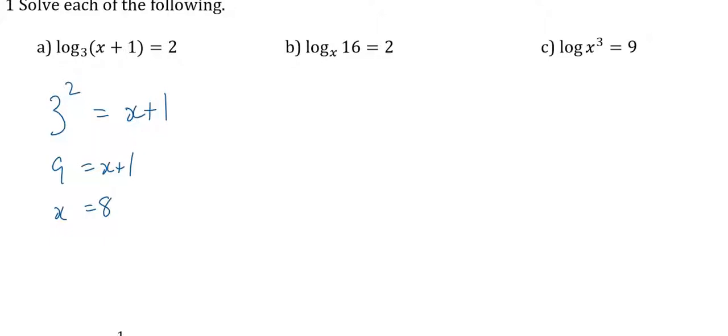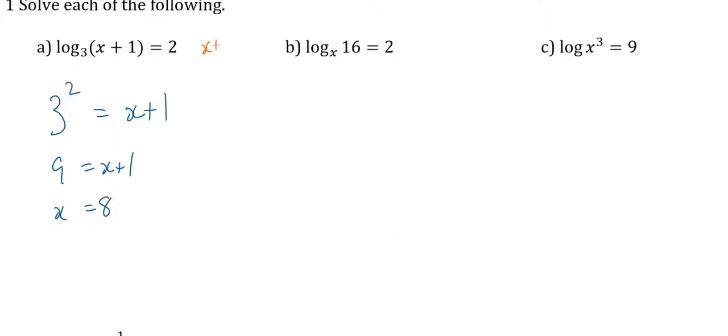But remember our restrictions. Isaac, would you agree that this is a shift to the left 1? This is what you were asking about. So what you are saying is if I shift left 1, the graph's going to look like this. Right, but it looks like this, so you have a bunch of negative values. But all we do is we say x plus 1 must be greater than 0.